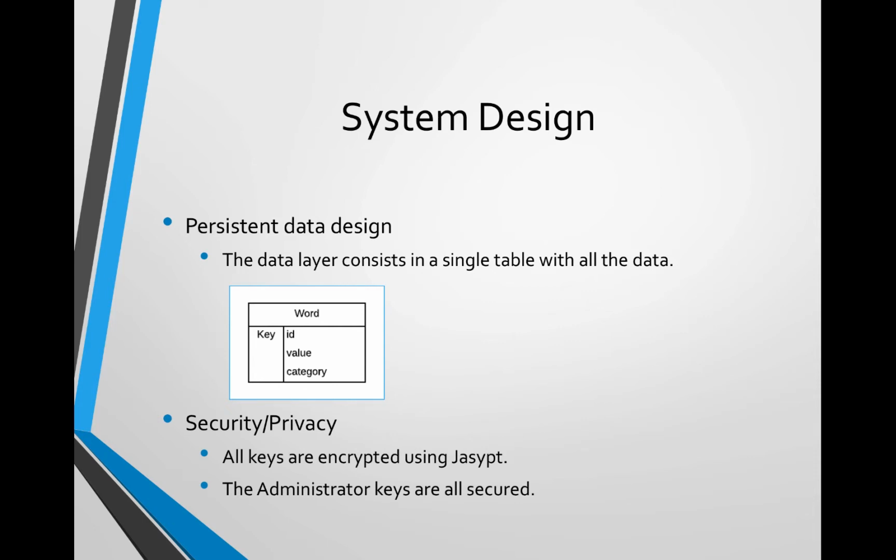We have an environment variable that has to be set with the secret, so then we can decrypt those properties. Also, to access all the APIs for the application, we use Swagger, and the Swagger endpoints are also secured.